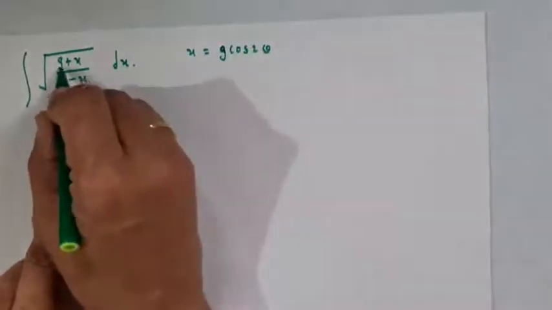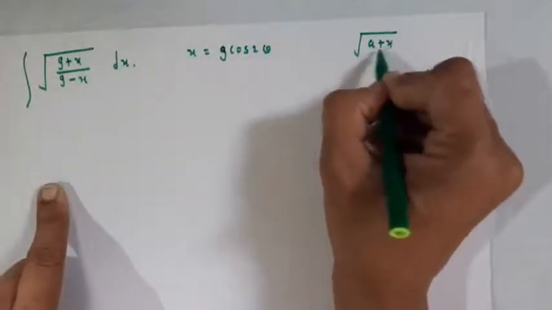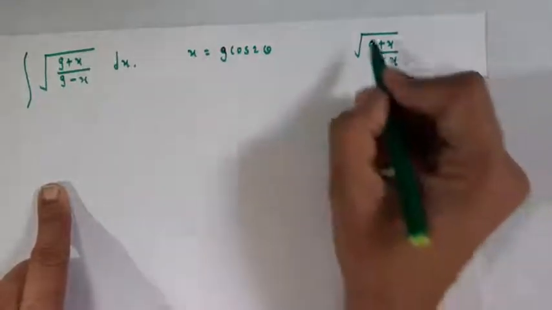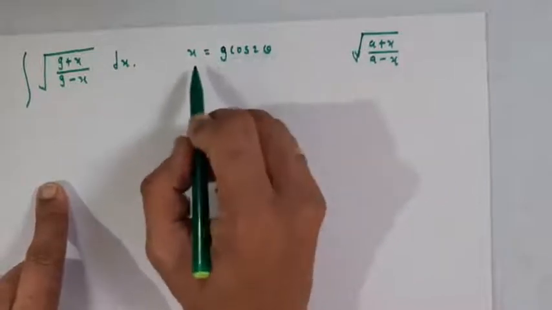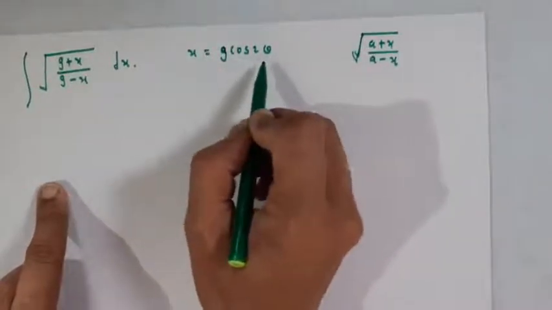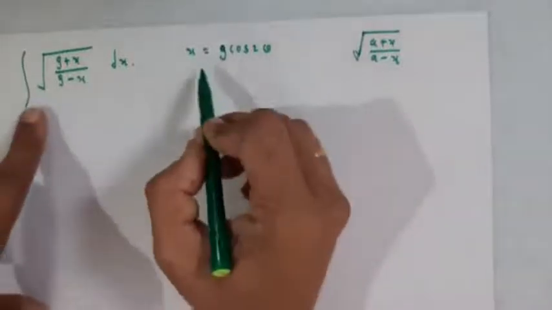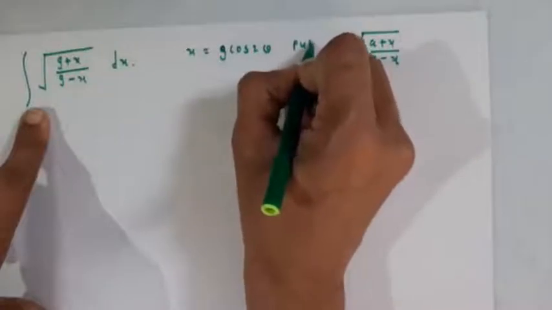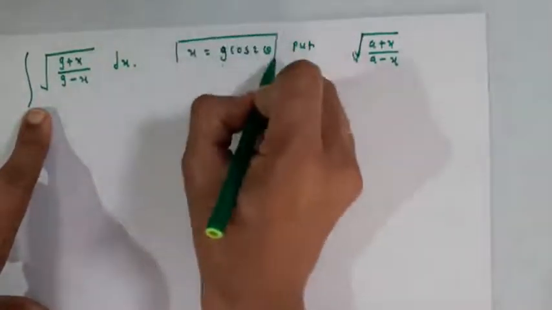This is of the type a plus x upon a minus x, and that is why we substitute either x equal to a cos 2 theta or x equal to a sin 2 theta. The value of a is 9 here, so we put x equal to 9 cos 2 theta.